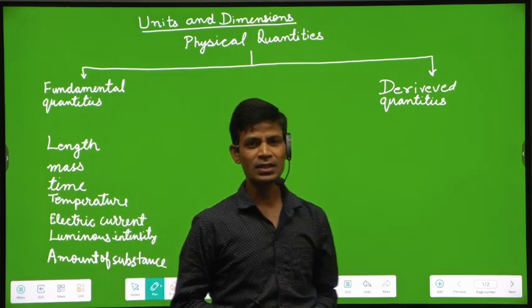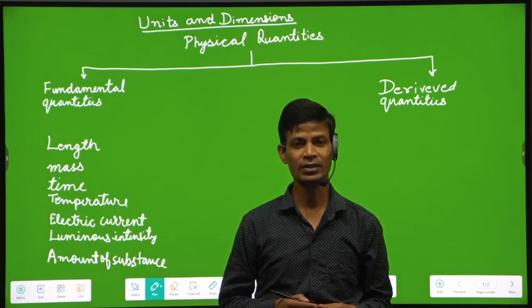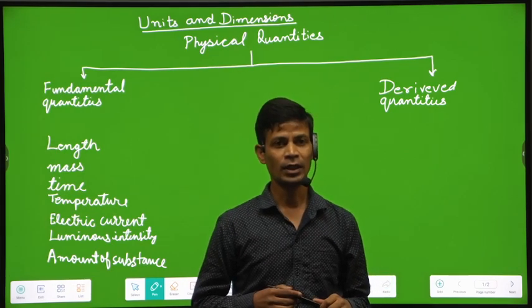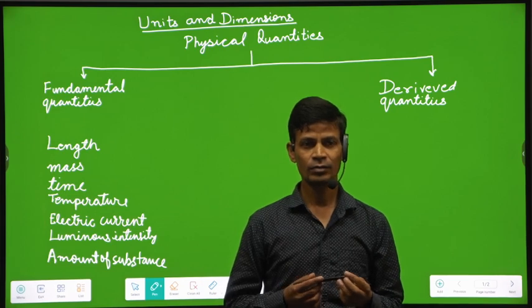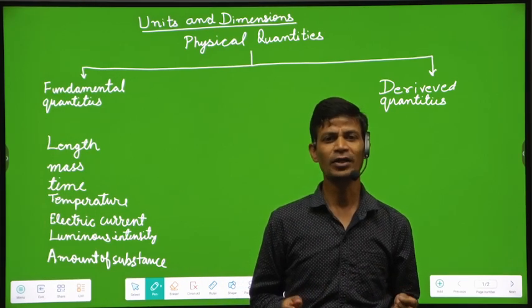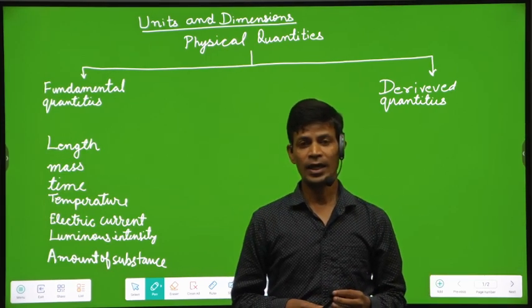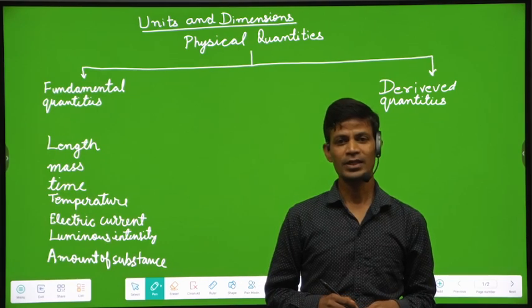In physics, in order to predict something, in order to formulate something, in order to calculate something, we require some kind of parameters, some kind of terms, and we call that term a physical quantity.